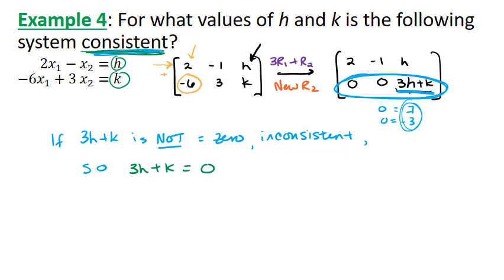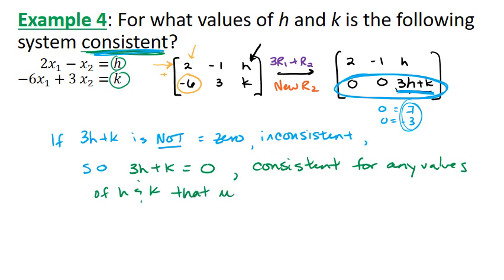So it will be consistent for any values of h and k that make 3h plus k equal 0.